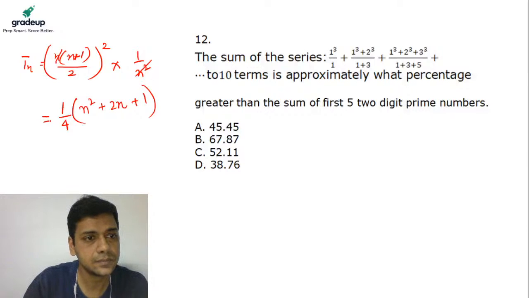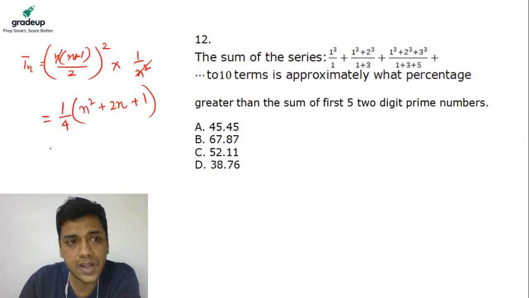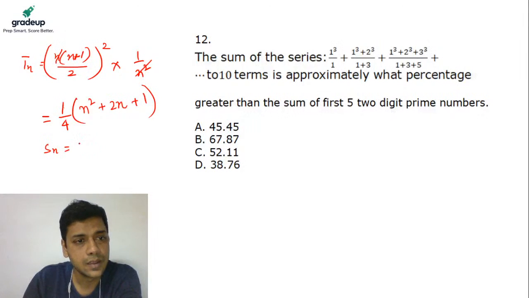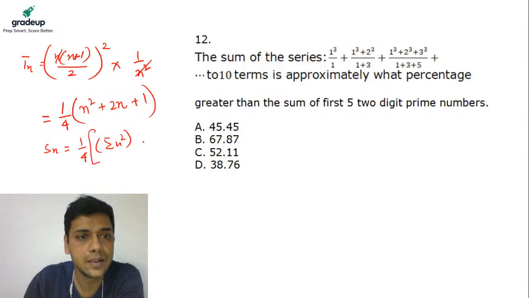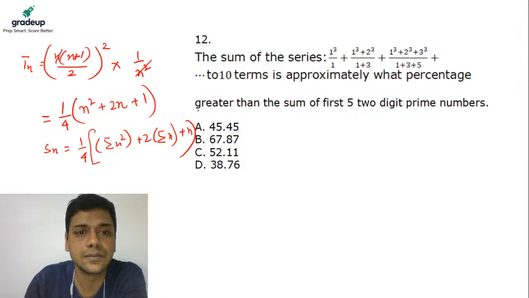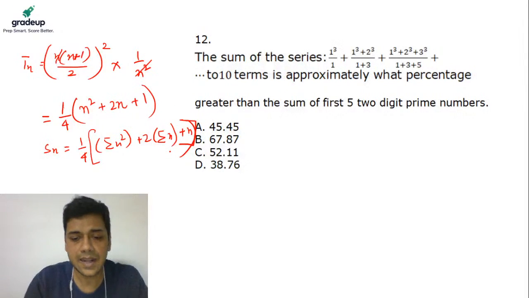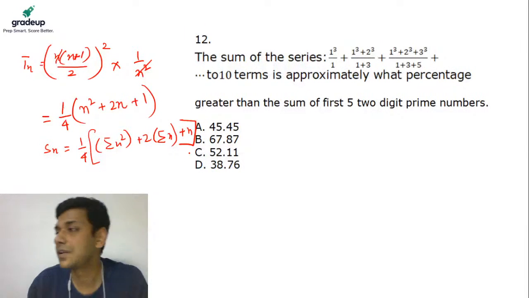So, what is the sum of first n natural numbers? The sum would be 1 by 4 summation n square plus 2 times summation n plus n. Yes?